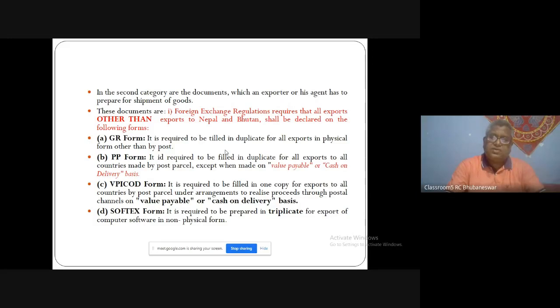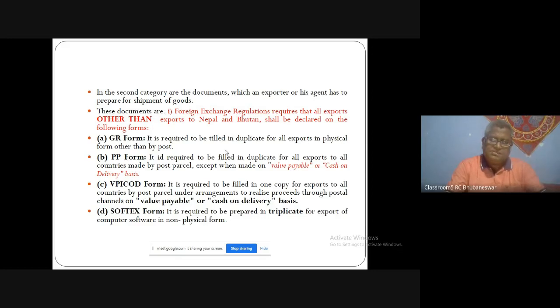Through cash or through VPP, value payable post, that is called the PP form, and it is also used in international business. It is also used domestically for sending goods from one place to another.